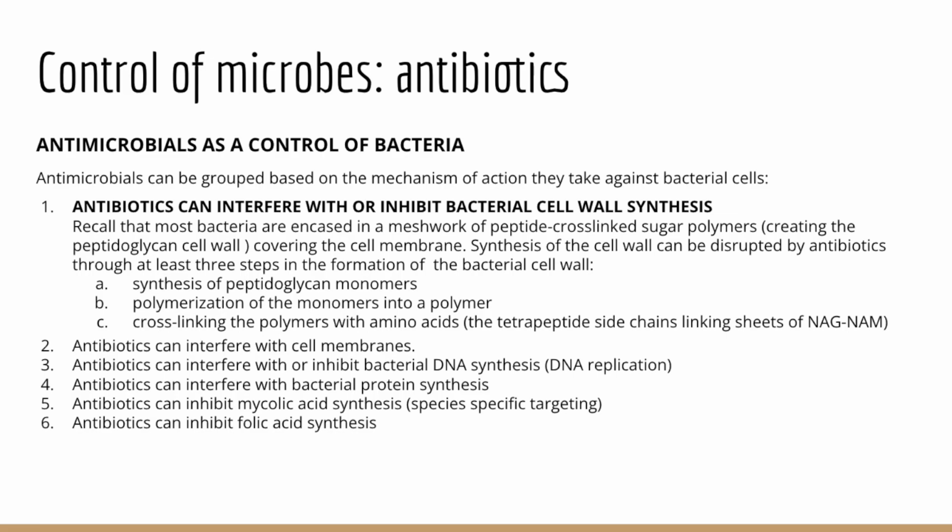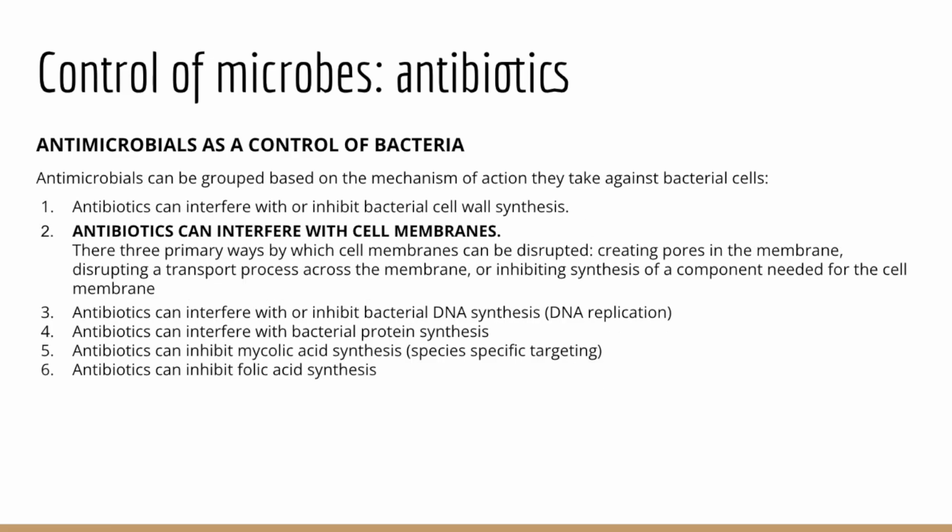Now, it's worth mentioning here that inhibiting bacterial cell wall synthesis works well for bacteria that have a cell wall, but there are a few bacteria, such as Chlamydia and Rickettsia, that lack the traditional cell wall structure we might find in more common bacteria. Because of this, those particular species are more resistant to antibiotics that inhibit bacterial cell wall synthesis.